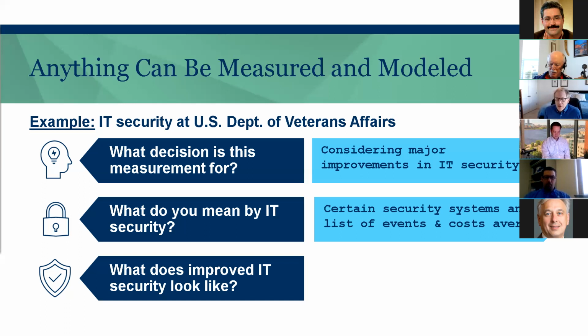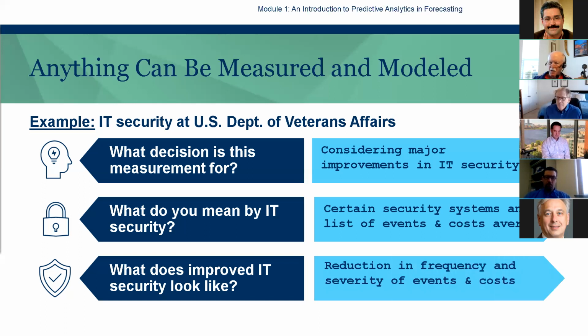And once you answered those first two questions, the third question was a lot easier to answer. It was essentially reduction in frequency and severity of certain specific events that they had identified and the costs related. So that's an example of how we can approach a question of something that just seems hard to measure.